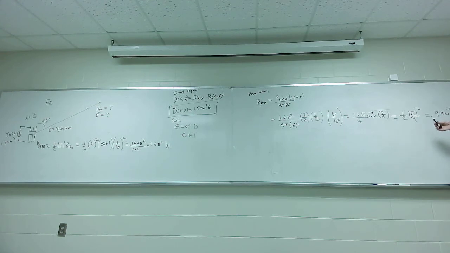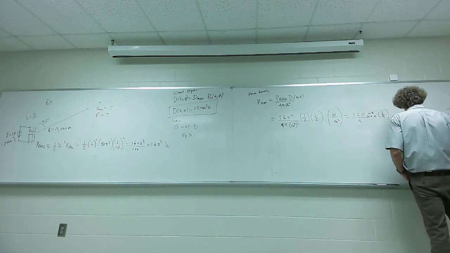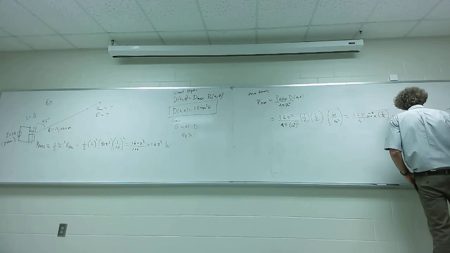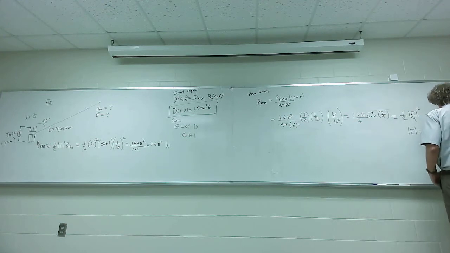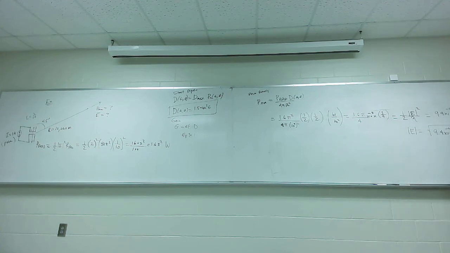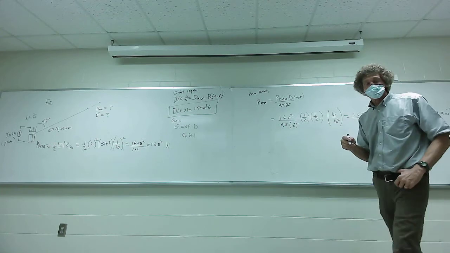I asked for the E field and the power density. For the E field, I take this times this and square root of it. So I can say the magnitude of the E field would be the square root of 9.4 times 10 to the minus 9 times 2 times 120 pi. And that will be in volts per meter.